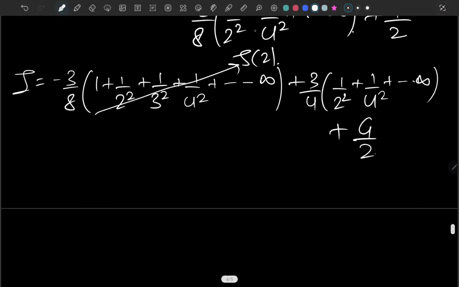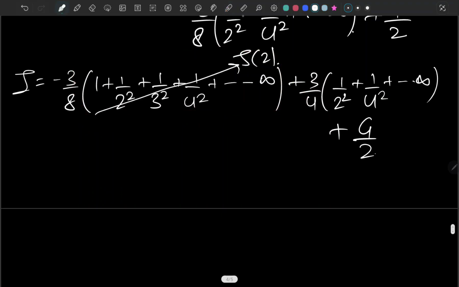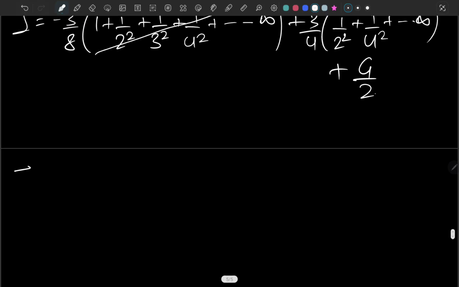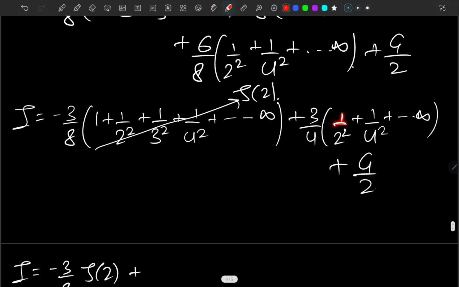So basically, till now you're good to go with Riemann Zeta of 2, right? And next I'm just going to play around with this one, which is negative 3 over 8 Riemann Zeta of 2. Since this 1 over 2 squared can be factored out from each term up to infinity, let's just do that.